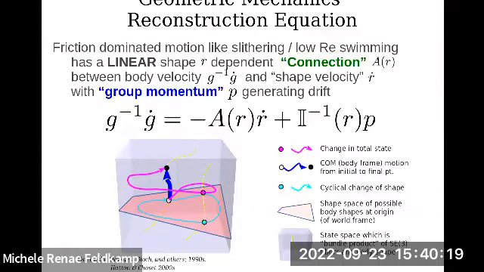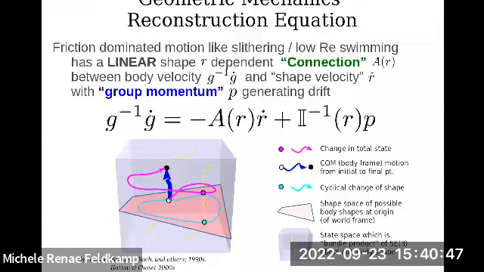And if you take that to its limit, which some folks have done in the 90s, one of whom is here in Michigan, Tony Bloch, this idea of geometric mechanics and what's called the Reconstruction Equation. So they can show that if you have a system that's symmetric under some group, you can always rewrite the dynamics in this form.